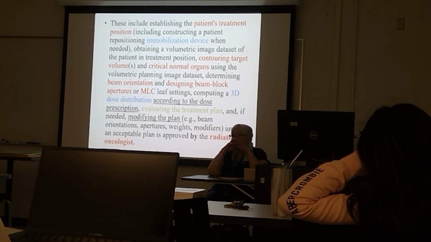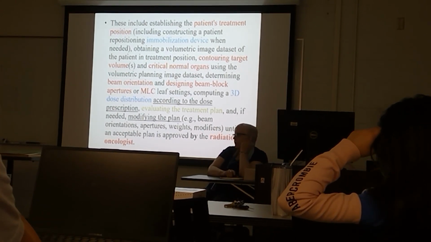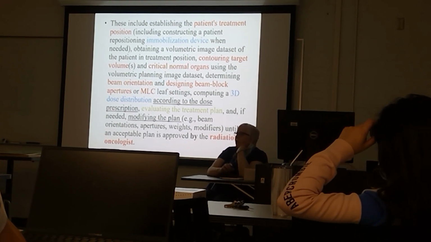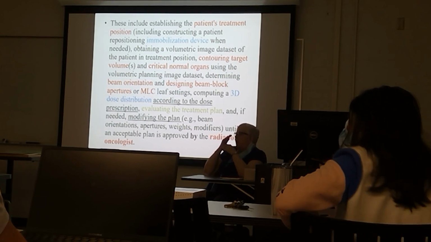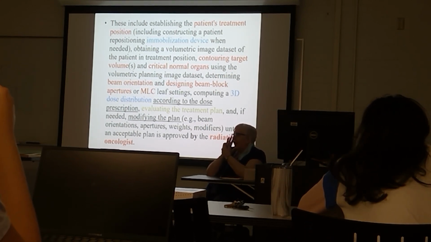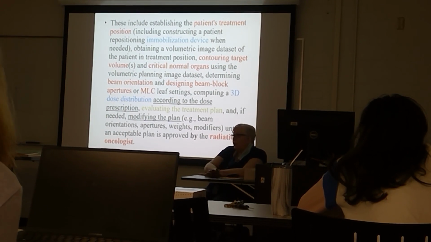So it all depends on what they're doing, what they're positioning to, or what they're matching. Maybe I'm missing when they're switching between cone beam and KV. Well, no, you do either one or the other. If you're doing something like a prostate, you match soft tissue.